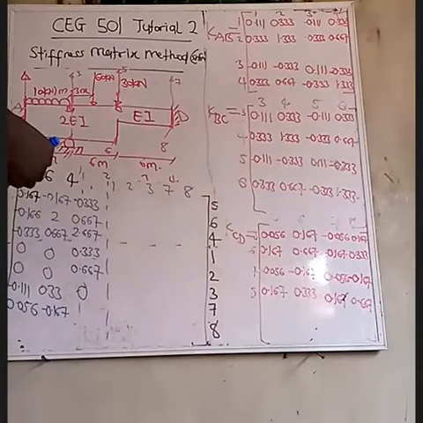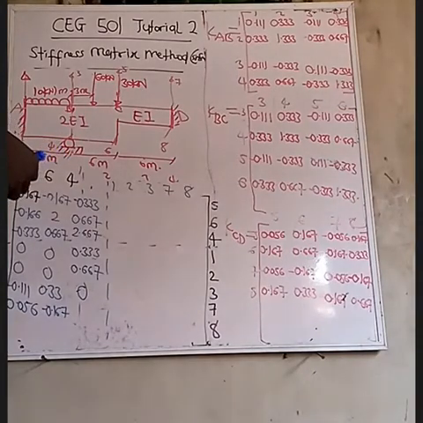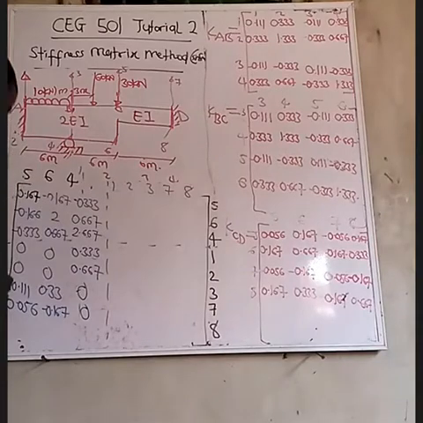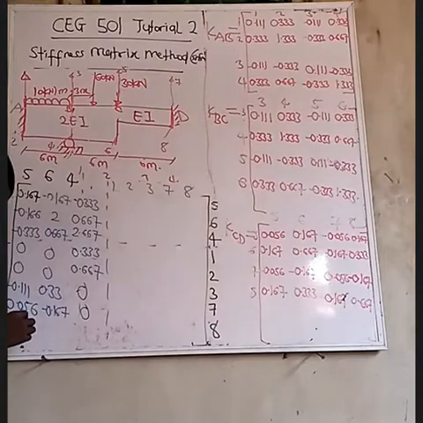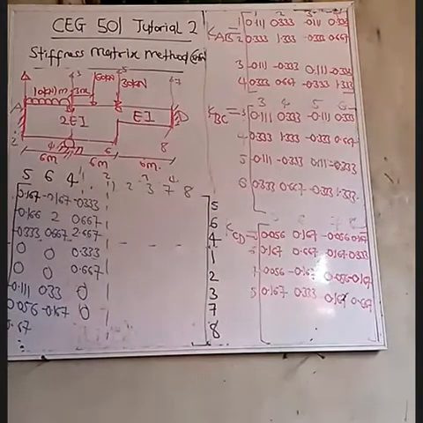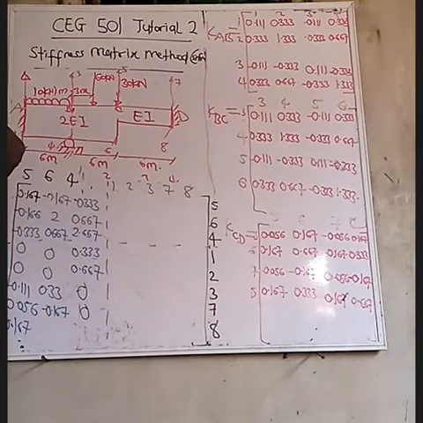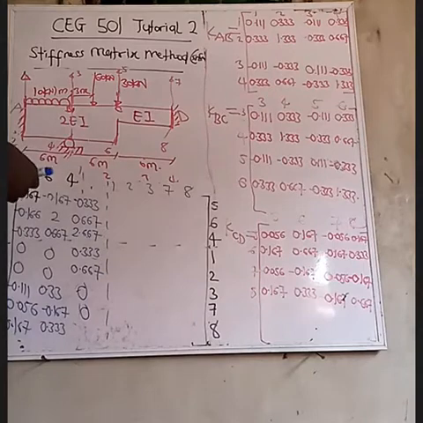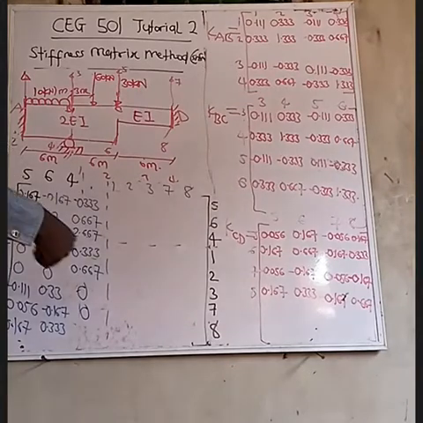4.7, that's what? So we have 0. 5.8 is 0.667. 6.8 is 0.167. 4.8, there is no 4.8, so that's 0.